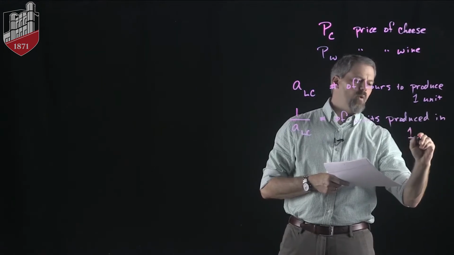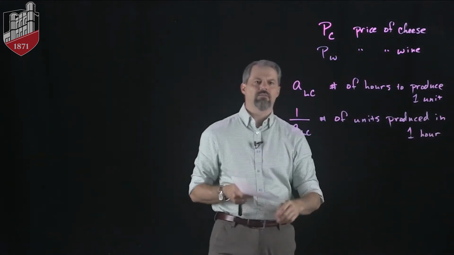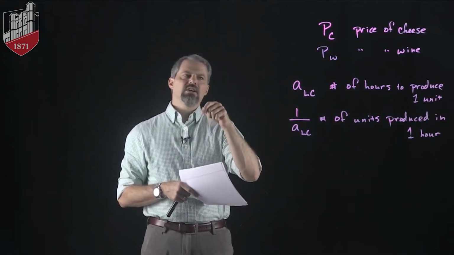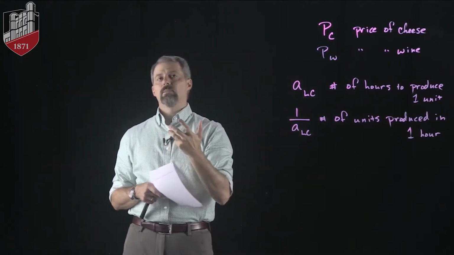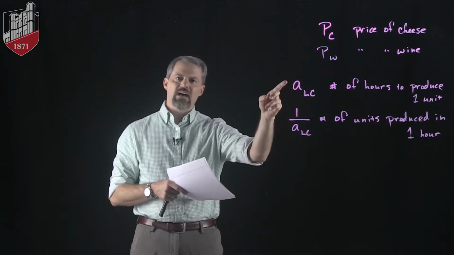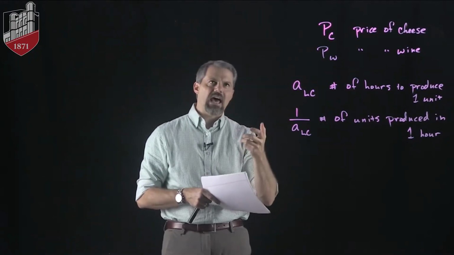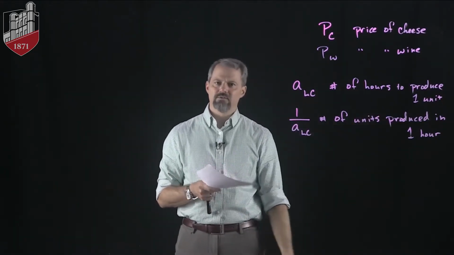And let's think about why that makes sense. Okay, let's suppose that the unit labor requirement for cheese is 2. So that means that it takes 2 hours to produce a unit of cheese. Well, if we want to know how much cheese can be produced in 1 hour, then if we take the reciprocal of that, the reciprocal of 2 would be 1/2. That means in each hour, they can produce a half unit of cheese.